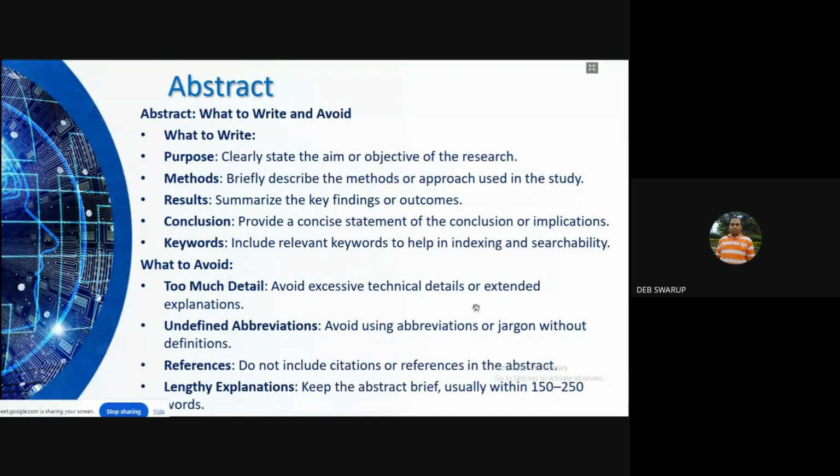Don't use any undefined abbreviations, symbols, or jargon in the abstract. If there is an absolute need to use any symbol, you need to define that symbol in the abstract before utilizing it.